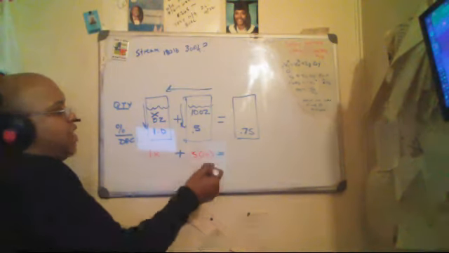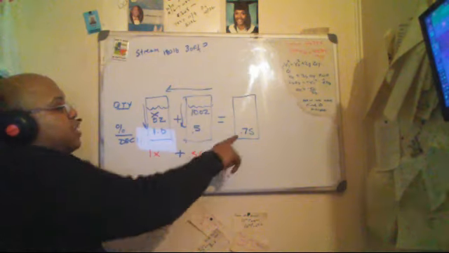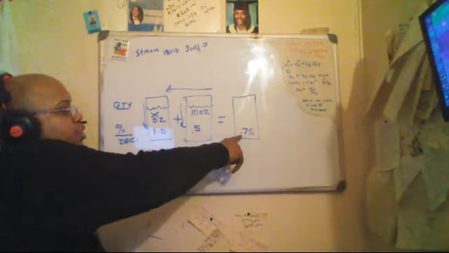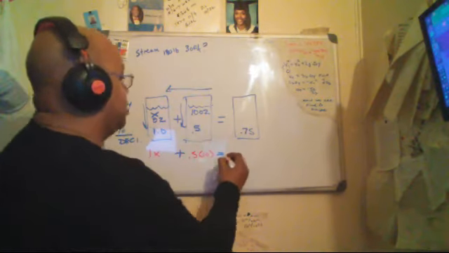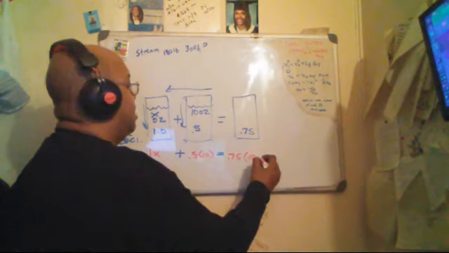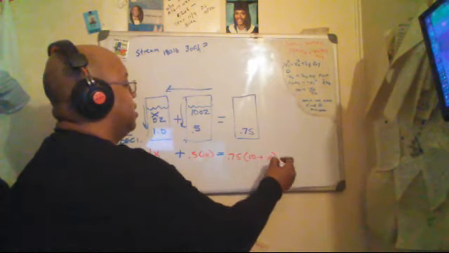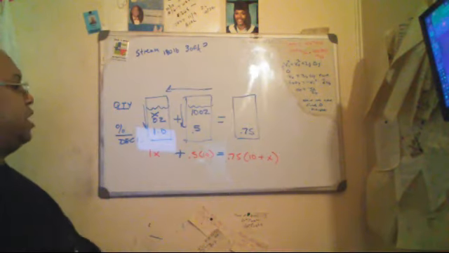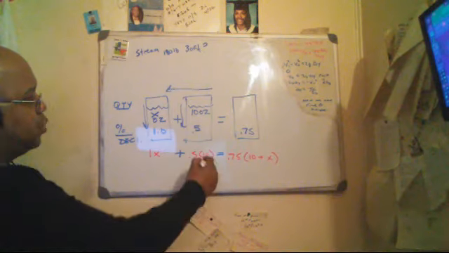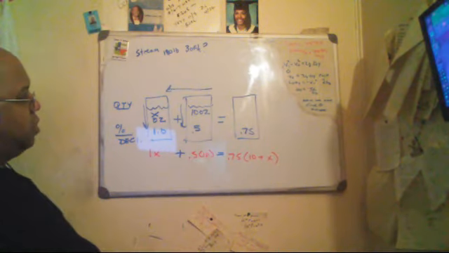So 0.5 times 10 ounces is equal to the percentage of the new solution times the sum of our first two containers. So we have 0.75 times 10 plus x, because 10 ounces plus the unknown is the sum of the solution. So we have 1x, and this is 1.0, which is 1.